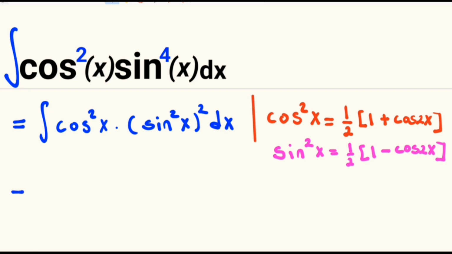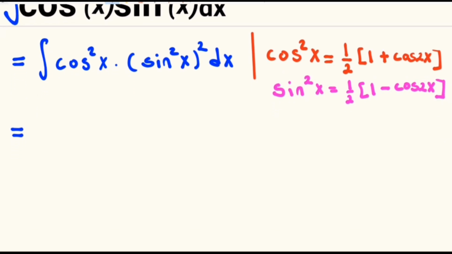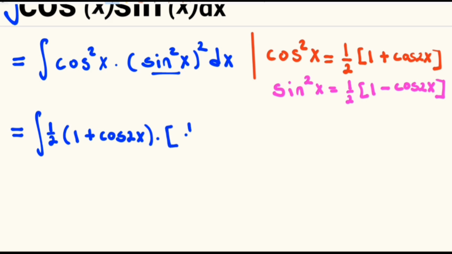In the place of the cos squared x, we substitute 1 over 2 into 1 plus cos 2x, and in the place of the sine squared x, we substitute 1 over 2 multiplied by 1 minus cos 2x.